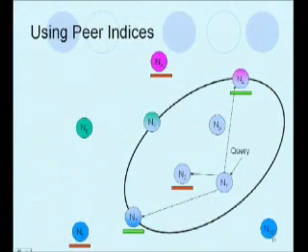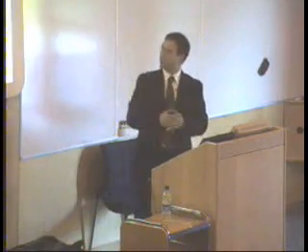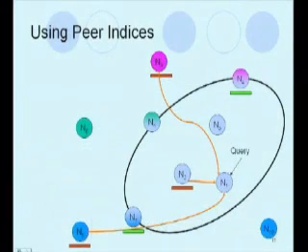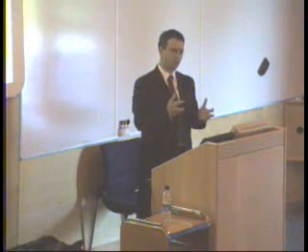And then the nodes on the boundary will forward the query to the nodes outside the horizon, which will incur extra messaging. And finally, the nodes will respond with query results. So horizons are a way of bounding the peer index information.